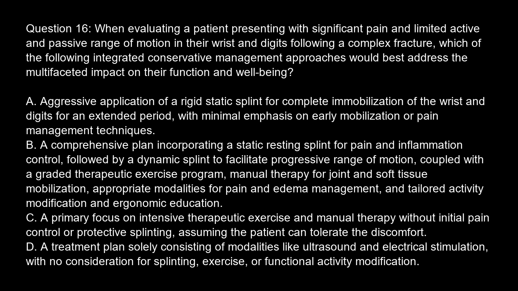Option C, a primary focus on intensive therapeutic exercise and manual therapy without initial pain control or protective splinting, assuming the patient can tolerate the discomfort. Option D, a treatment plan solely consisting of modalities like ultrasound and electrical stimulation, with no consideration for splinting, exercise, or functional activity modification.